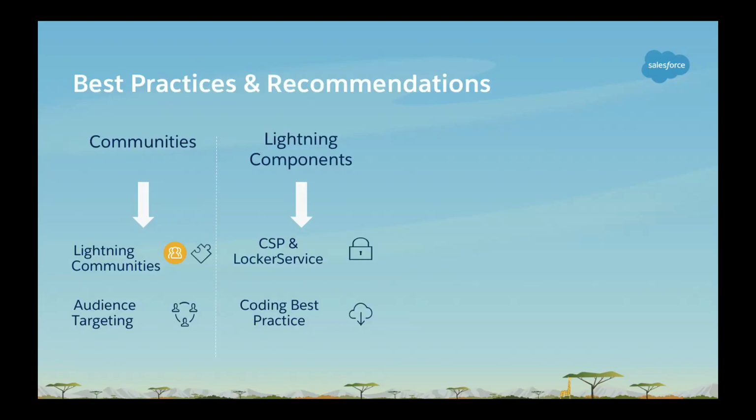Lightning components. Developers sometimes can get carried away to achieve the level of customization that you want. But it's always important to remember that everything that you build should be secure. Trust is our number one value. So always remember, there are two technologies around Lightning components that we have for security. One is content security policy, and the other is Locker Service.